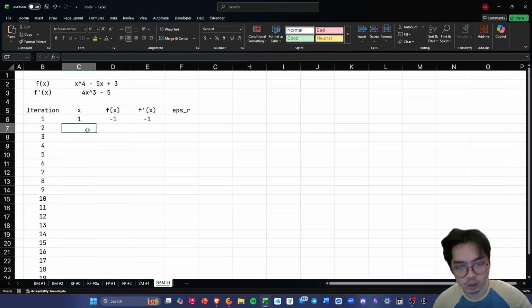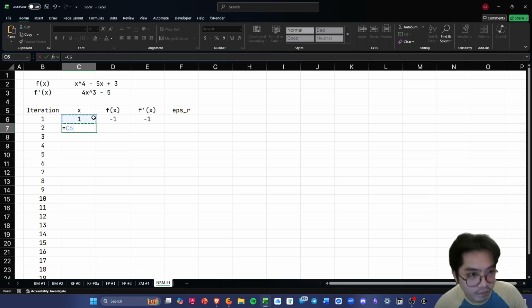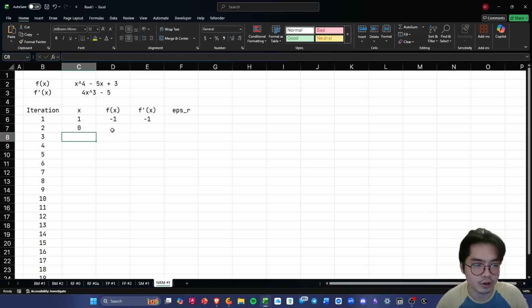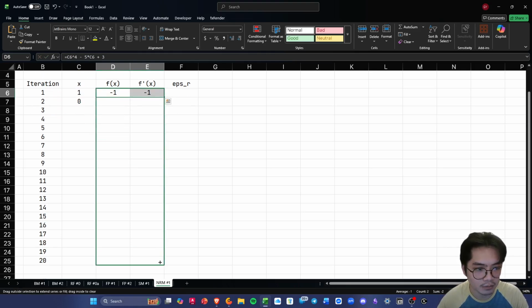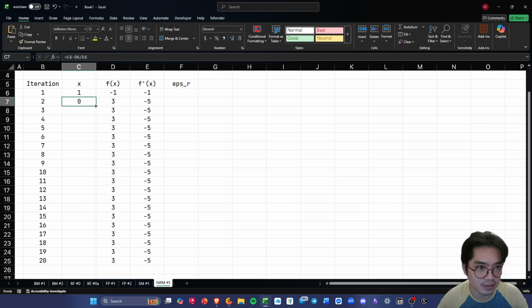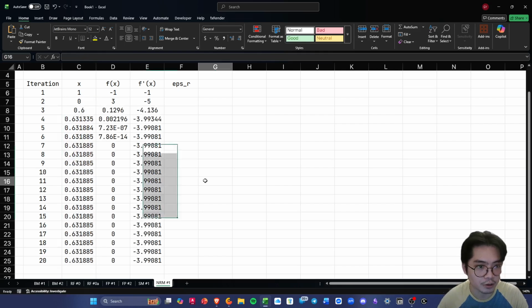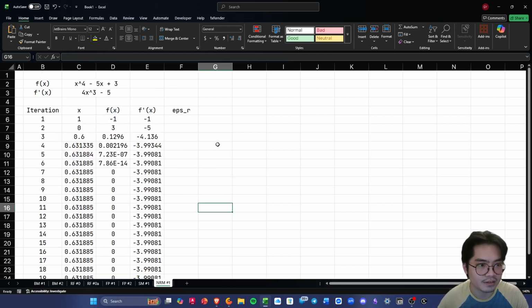Now this new value will be the old value minus the old value's f divided by the f prime. There you go. It's going to be 0, and then we'll just drag these, and let's drag this down as well. There you go, and there it is.